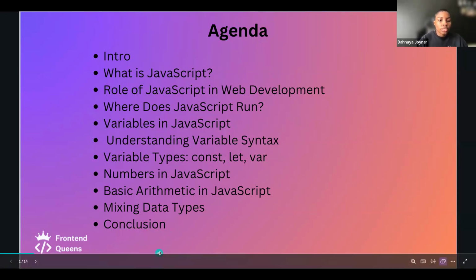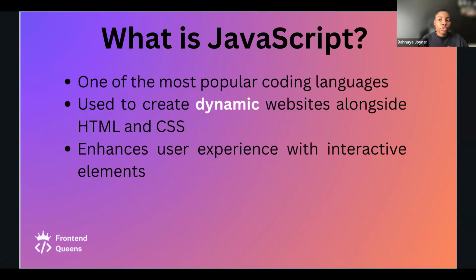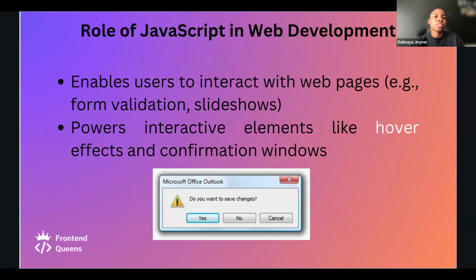So what is JavaScript? Other than the reason why we're all here today. It's one of the most popular coding languages, and it's used to create dynamic websites along with HTML and CSS, and it enhances the user experience with interactive elements.